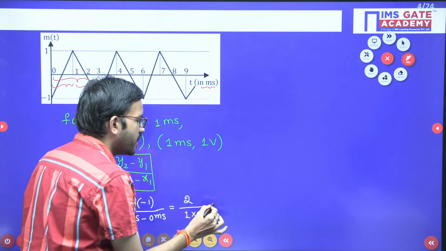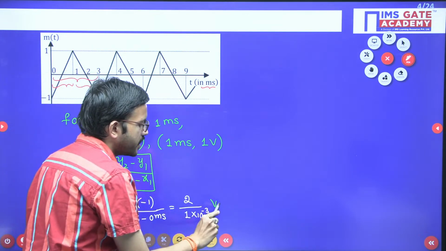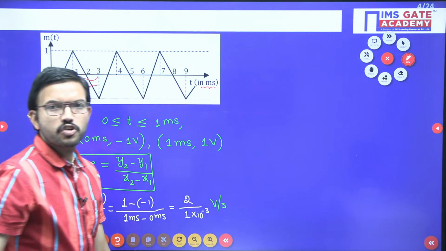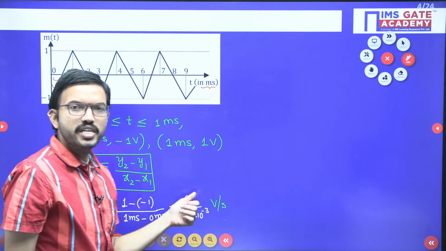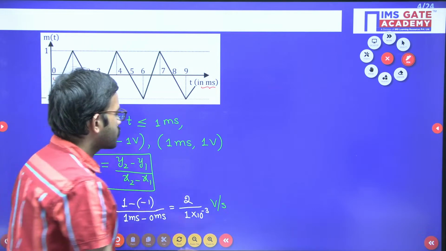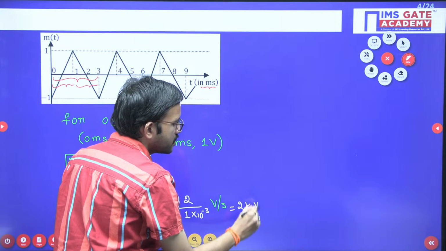For the units, the numerator has volts and the denominator has seconds, so that is volt per second. The denominator term 10 power minus 3, when brought to the numerator, becomes 10 power 3. So you can write this value as 2k volt per second.